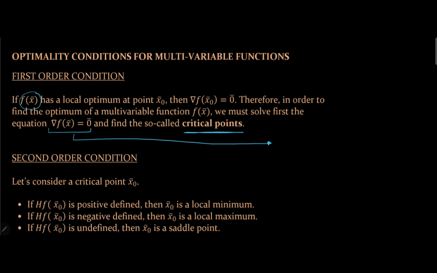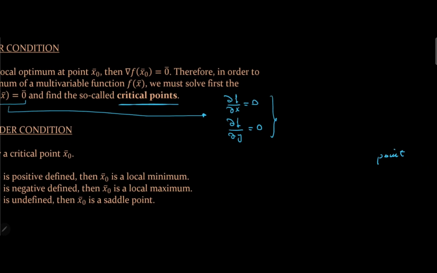So we have an equation system like the partial derivative according to x equals 0 and the partial derivative according to y equals 0. So we have an equation system, two variables, two equations. Or we can have a three variable function, and then we will have a three equation system with the three partial derivatives of the function equal to 0.